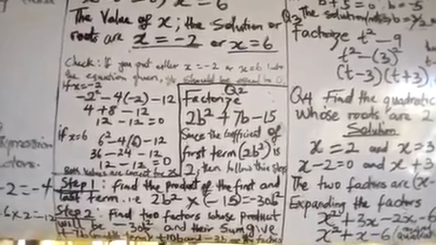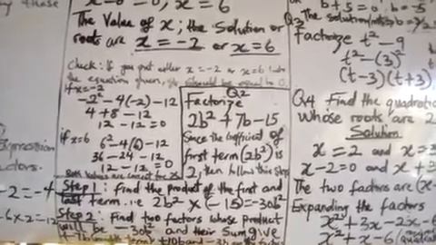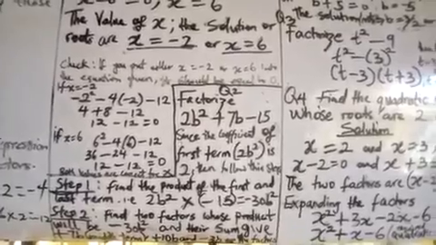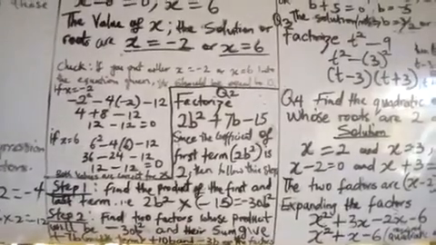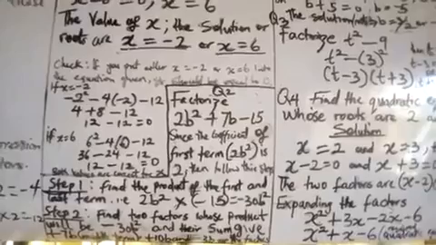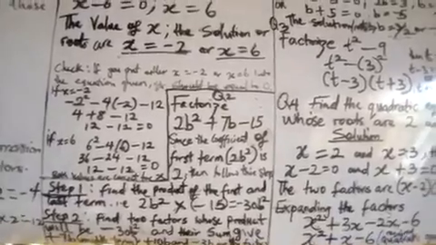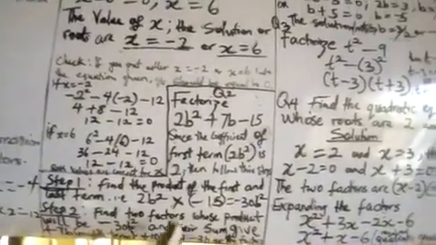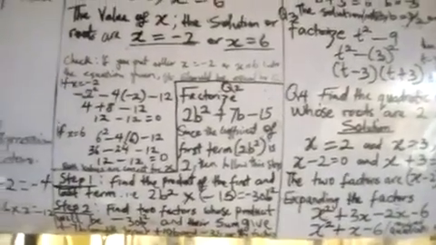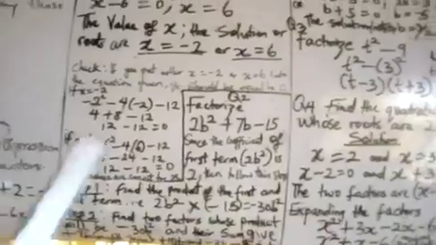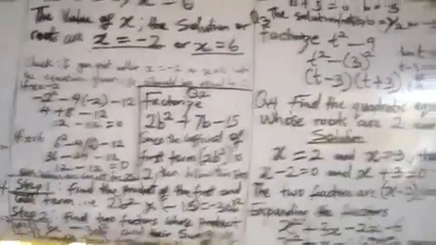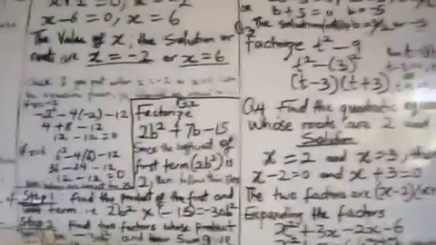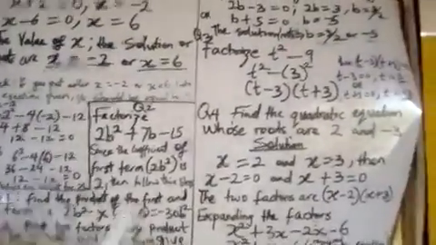If you multiply 10b times minus 3b it gives minus 30b squared, and when you sum them together, you have plus 7b. So the two factors we are to use are plus 10b and minus 3b.